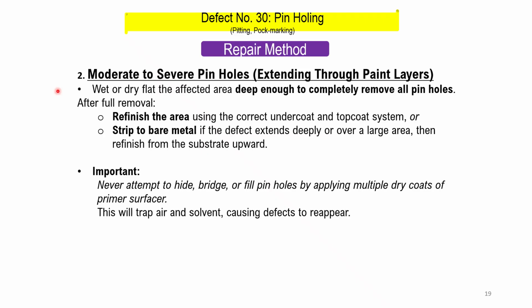After full removal, refinish the area using the correct undercoat and top coat system, or strip to bare metal if the defect extends deeply or over a large area, then refinish from the substrate upward. Important: never attempt to hide, bridge, or fill pinholes by applying multiple dry coats of primer surfacer. This will trap air and solvent, causing defects to reappear.